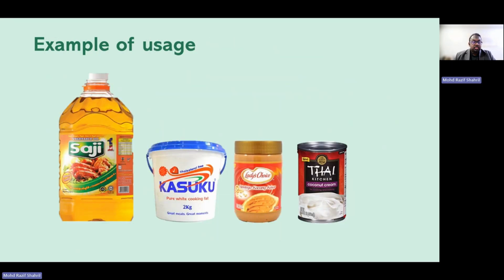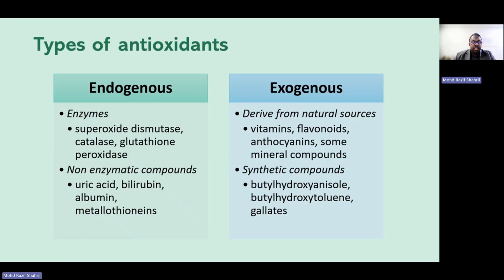So antioxidants can be broadly classified into two major categories: enzymatic and non-enzymatic.